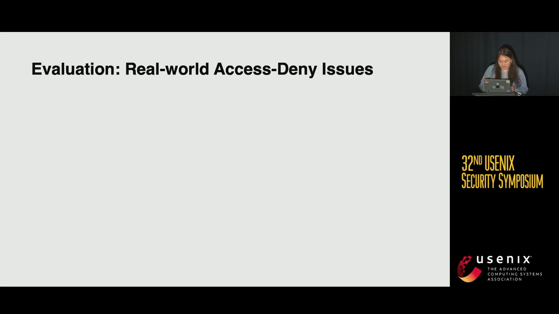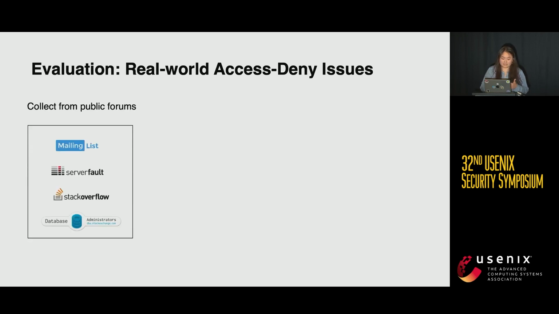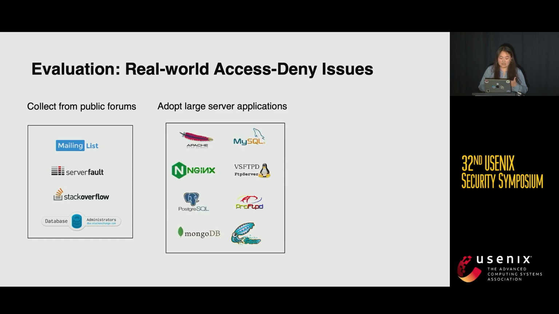The evaluation shows, first, we're trying to understand if our tool can resolve real-world access denial issues. First, we collect from public forums to understand what are the access denial issues system administrators are posting online. And then we adopt large application services trying to reproduce some of those issues.